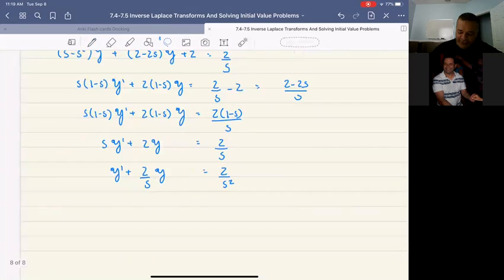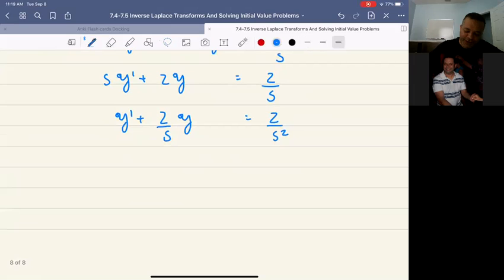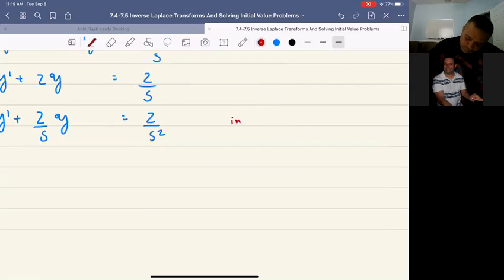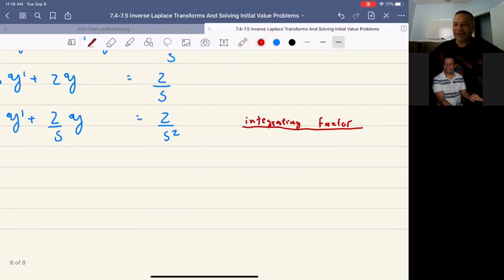This is an integrating factor problem. You remember that? We've even done it in the class before I taught this lesson, about 2 months ago, in the fall 2020 semester.